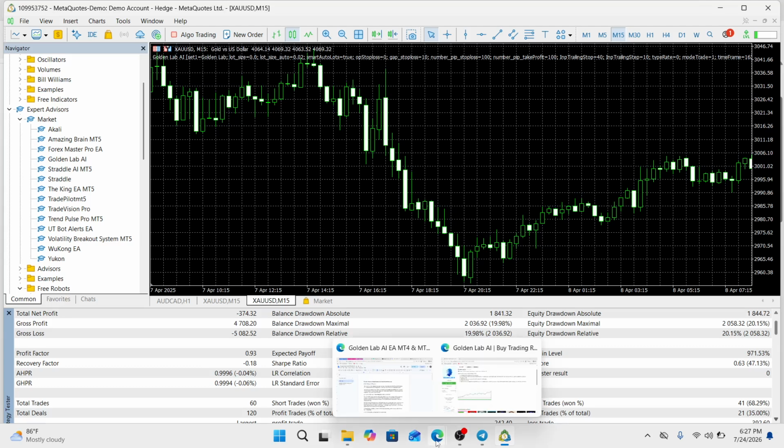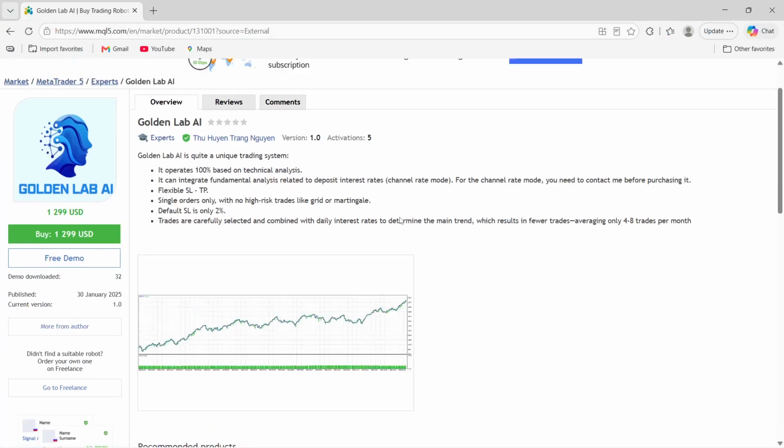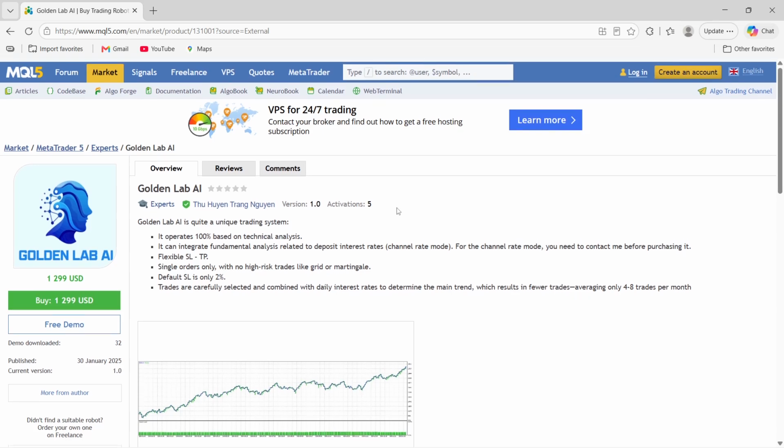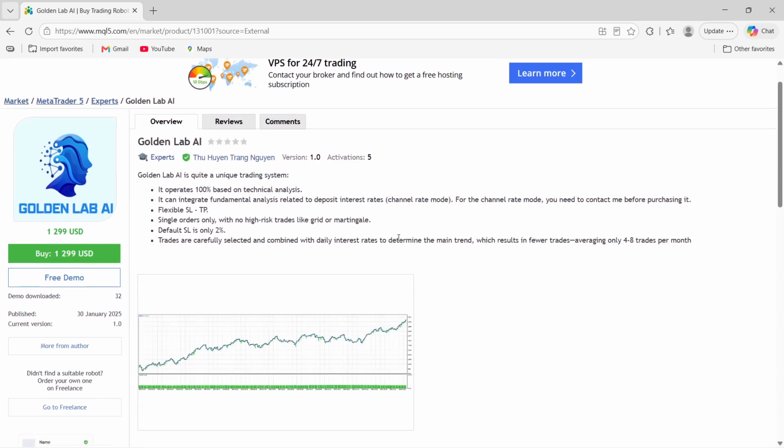As for the nuances and implications, low trade frequency can lead to long periods of inactivity. Technical systems can struggle in strong news driven moves. Broker conditions and interest rate changes affect results. In practice, thorough demo testing over multiple months is essential to see how it behaves in different regimes.